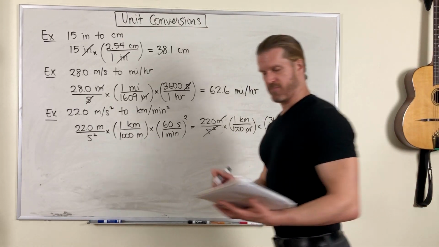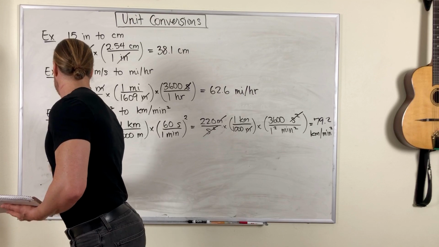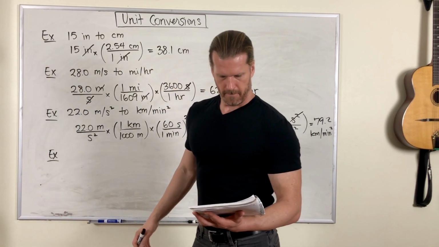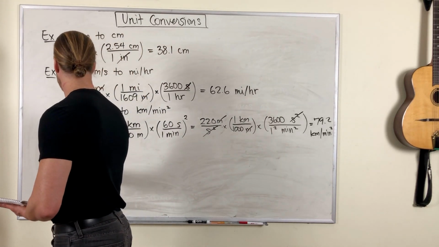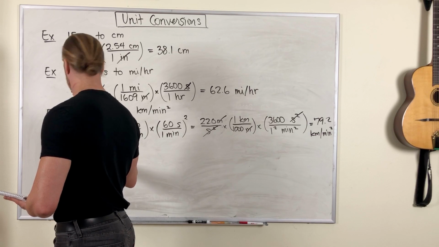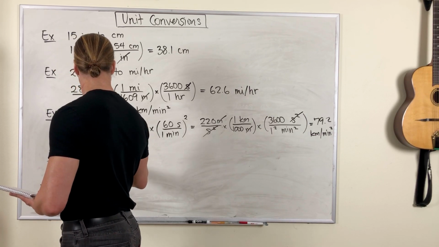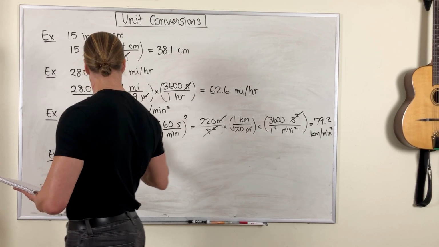Let's do one last example. This is a density. Let's say we have 4.5 times 10 to the third kilograms per cubic meter.